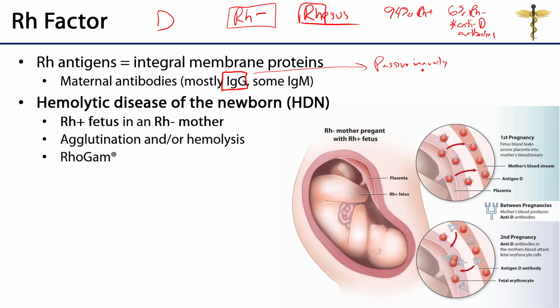Now, in the case of an Rh negative mother, if she were to conceive a child with an Rh positive man, so let's do an Rh negative mother with a positive father.